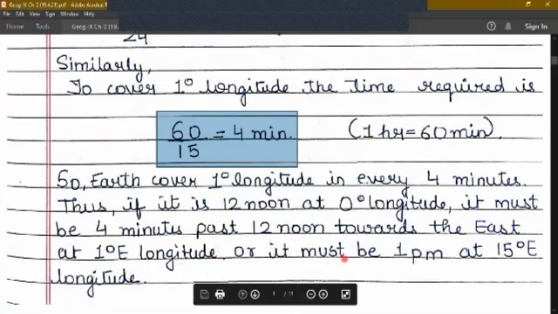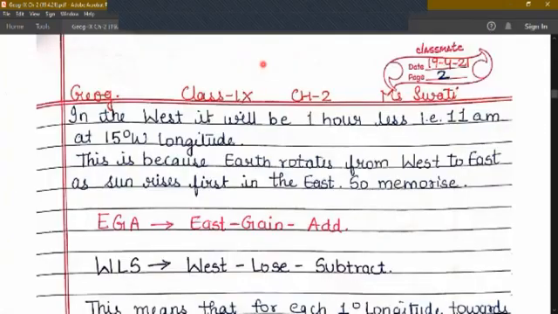Or it must be 1 p.m. at about 15 degree east longitude. Whereas in the west, it will be 1 hour less, that is 11 a.m. at 15 degree west longitude. As I told you, this is because Earth rotates from west to east as the sun rises first in the east.